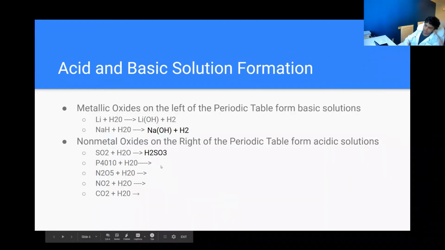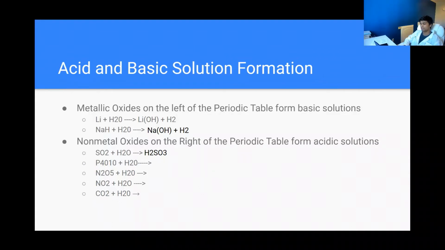When you form sulfurous acid by an acid-base reaction, it will decompose into water and sulfur dioxide gas. And if you add dissolved sulfur dioxide gas into water, it will form sulfurous acid. Pretty cool.